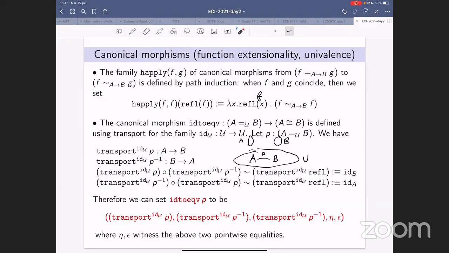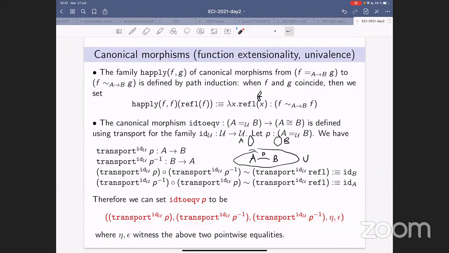So this step is first to transport along P concatenated with P minus 1, but P concatenated with P minus 1 being equal to ref, this is homotopic to transporting along ref, which by definition of transport is the identity function. And same game for the other homotopy. So this is a careful definition of a function that goes from this type to this type whose inhabitants are quintuples.